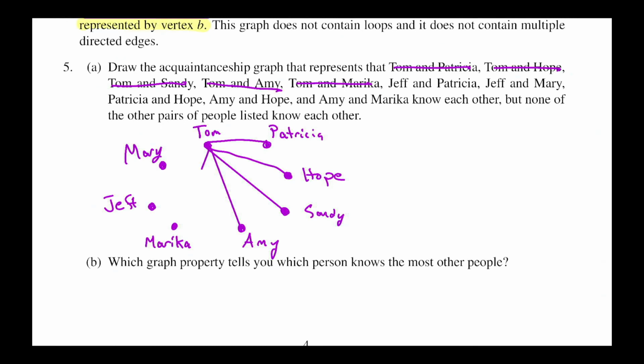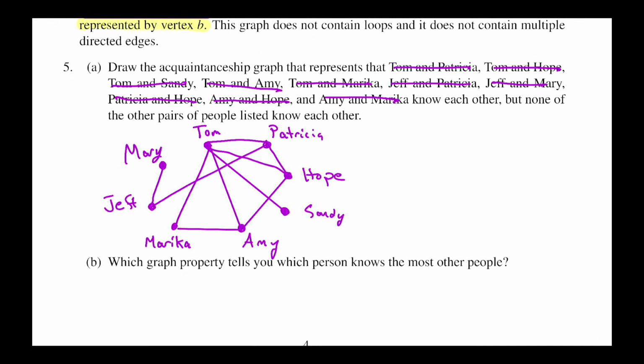Tom and Marika. Jeff and Patricia. Jeff and Mary. Patricia, Hope. Amy, Hope. Amy, Marika. Okay, so there you go. There's your graph.